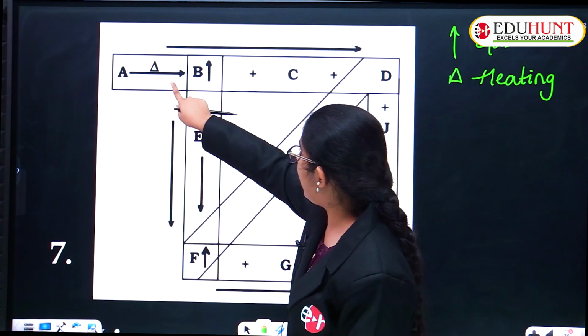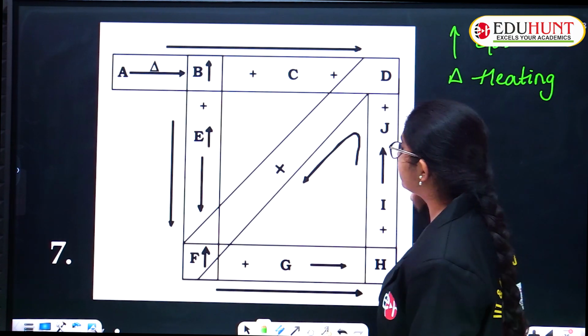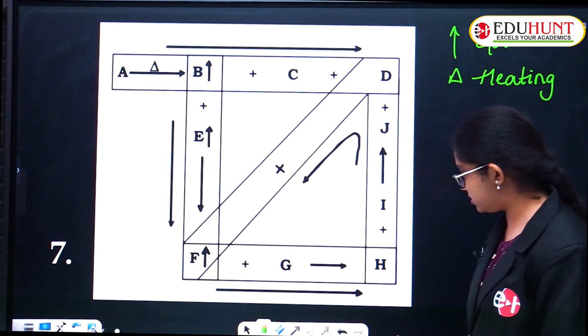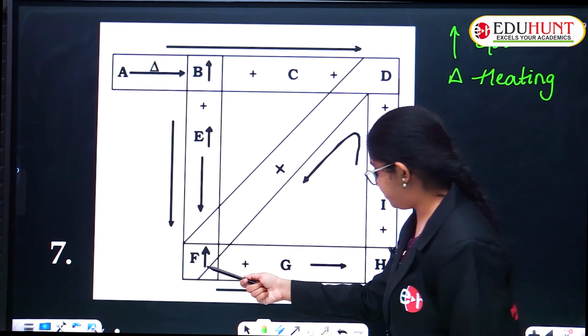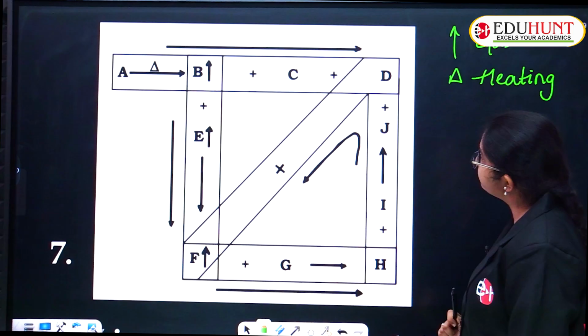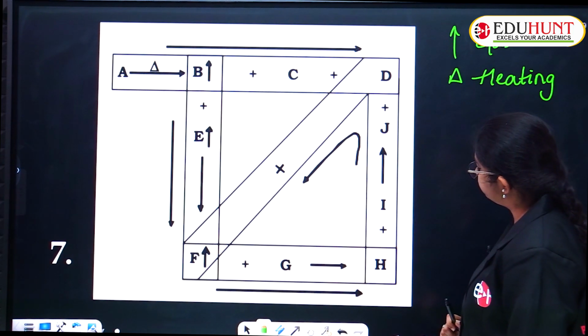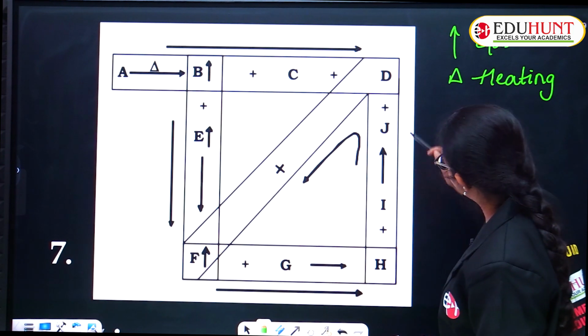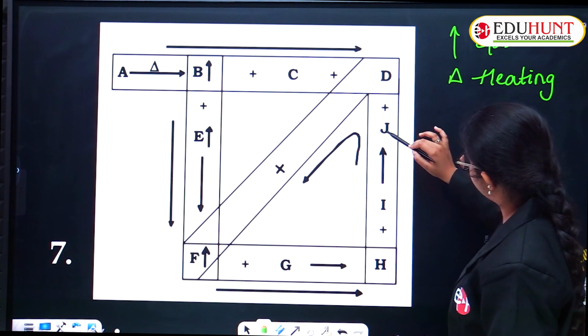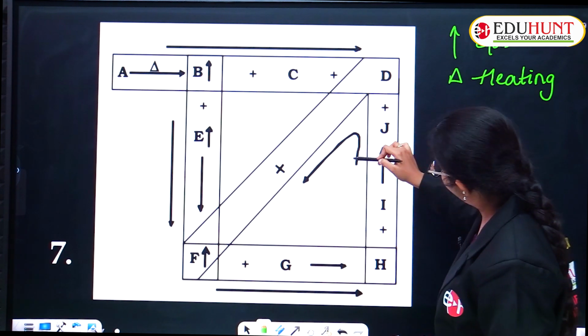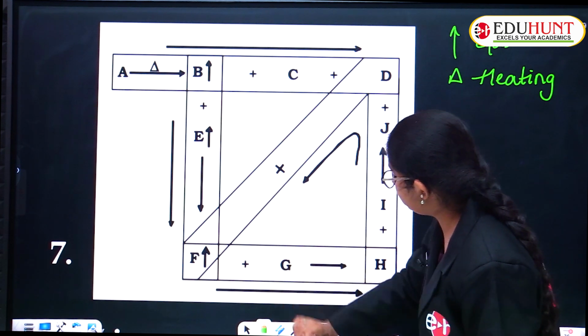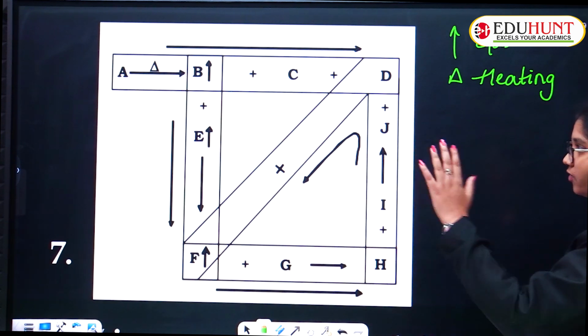This is showing the arrow mark in the direction. Next comes F plus G gives rise to H. And from the reverse, H plus I gives rise to J plus D, and also H and also F. You have to understand this.